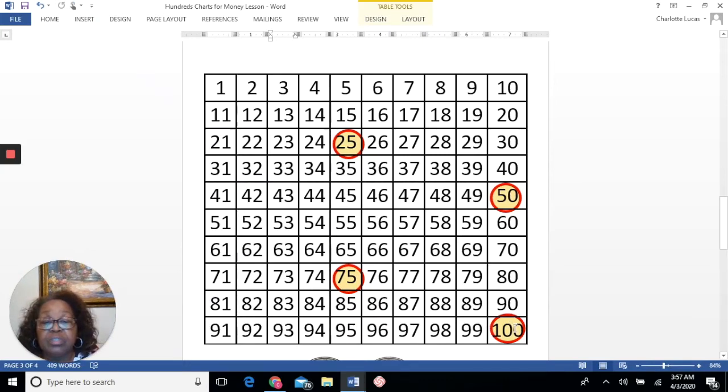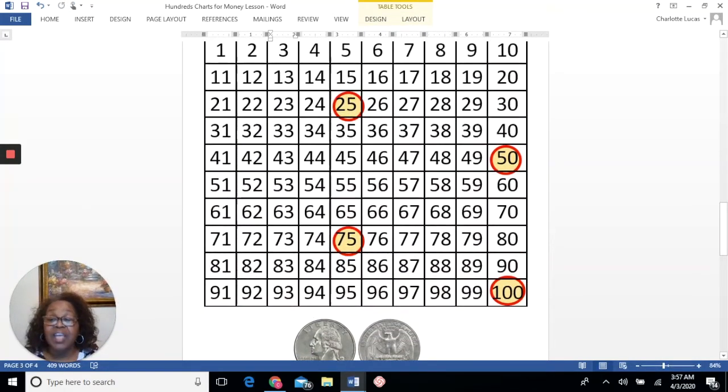So we are able to see that if we want to get to 95 cents, we can go 25, 50, 75. Another quarter will be too much. So if we're at 75 and we're trying to get to 95, we can move down 2 times. 75, 85, 95. Each time we move down, that's 1 dime. That makes it really easy. Let's solve our problem.